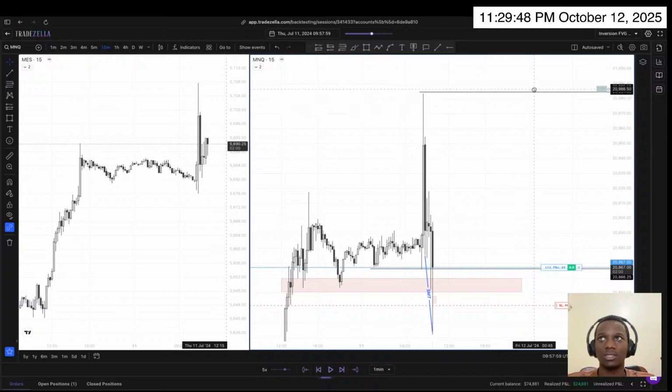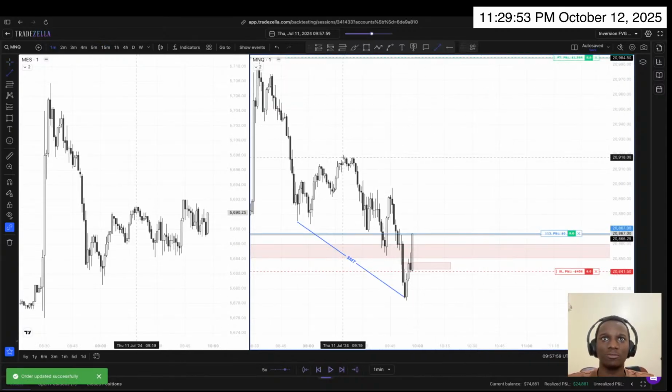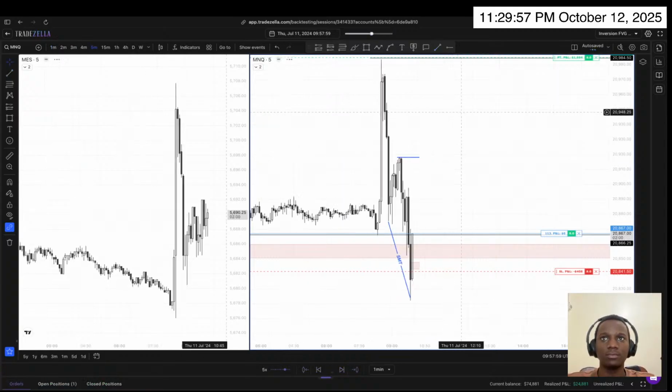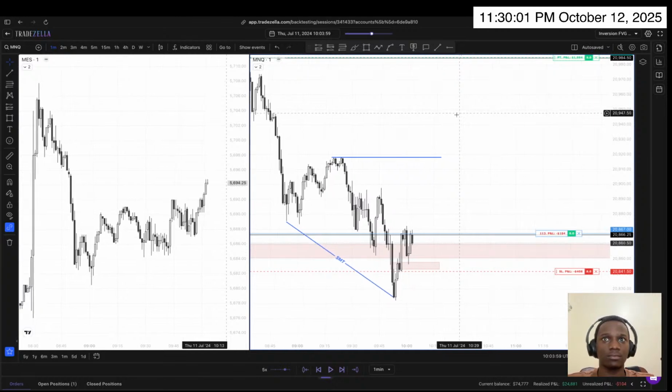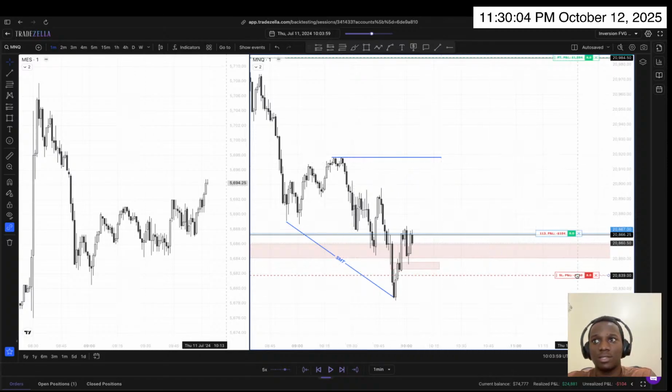I would like to see it reach this place here, but it will depend on how it will be moving towards here. Keep in mind that there are some SMTs, full $500.